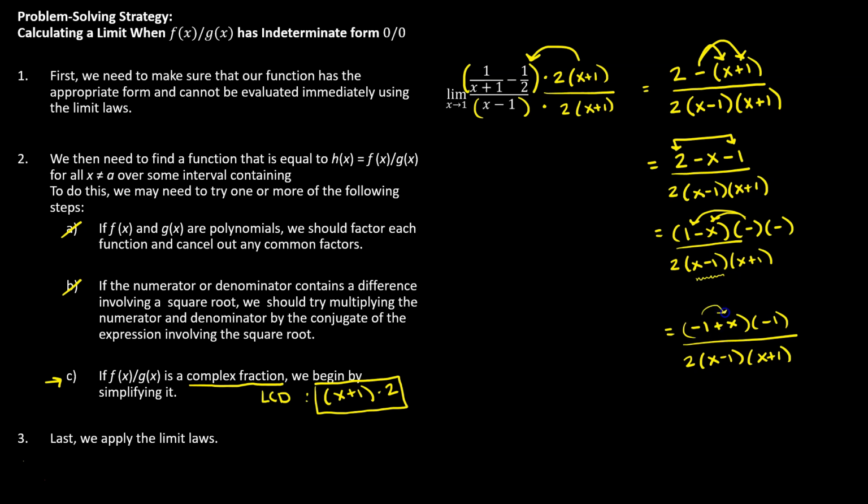I just need to reverse the order that these are written in. And now we can divide off that common factor, leaving behind negative 1 over 2 times x plus 1. All of that is what we're calling simplify it.